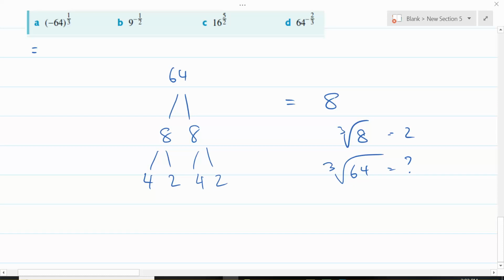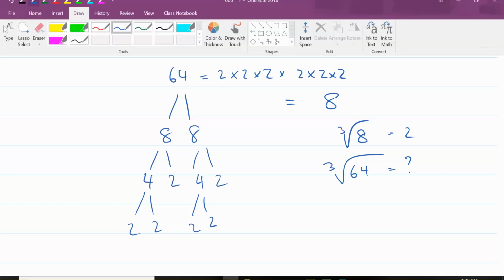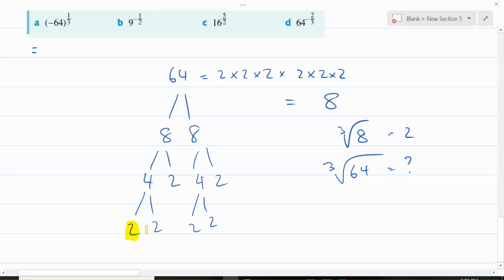Now what this suggests is you can break this down further. It becomes 2, 2, 2, and 2. Now you have 2 times 2 times 2 times 2 times 2 times 2, which is equivalent to 64. How do I get all those 2s? That's 1, 2, 3, 4, 5, 6.